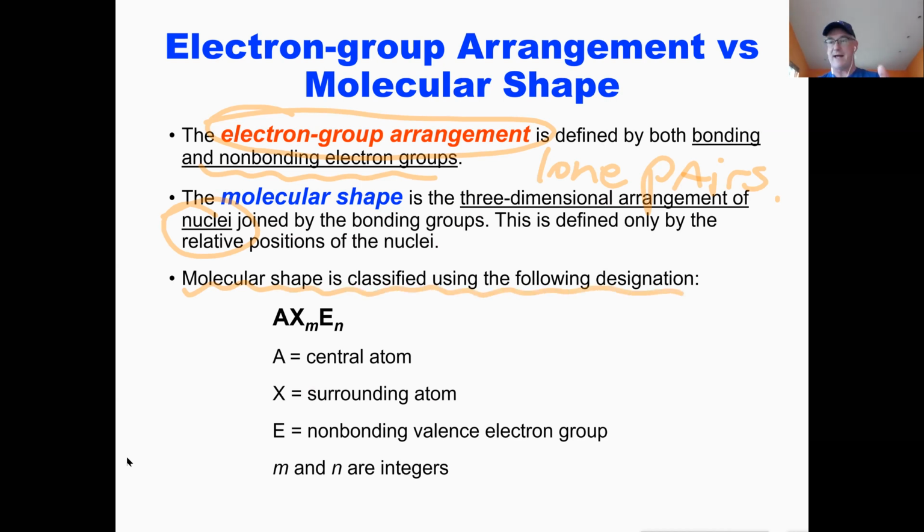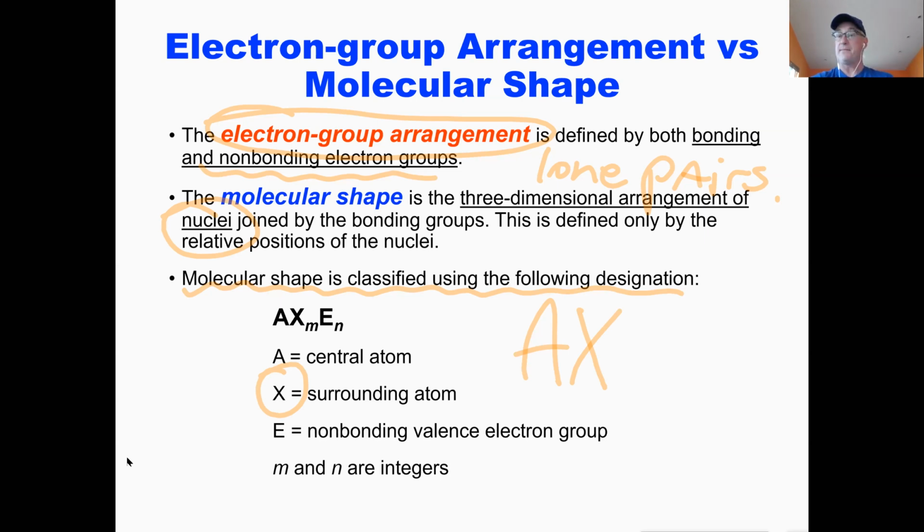And we're going to be coming back to this formula over and over and over again, the AX formula, where A is the central atom. So they're all going to have a central atom. It's got to have a central atom or it's not a molecule. X are atoms surrounding the central atom. And we just use the designation X for atom. I don't know why, because you can't use A again.